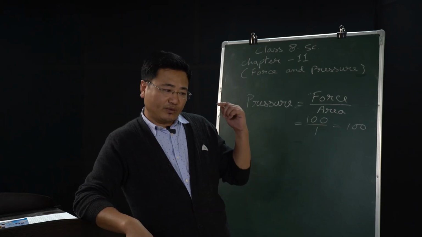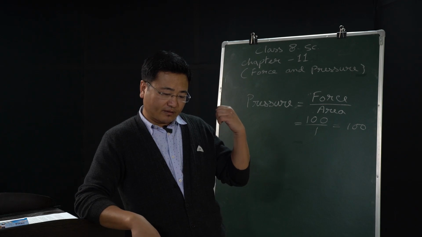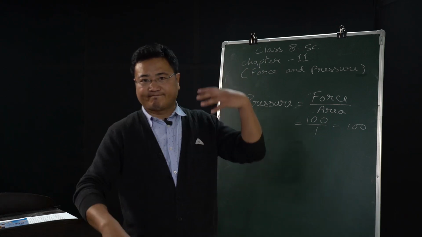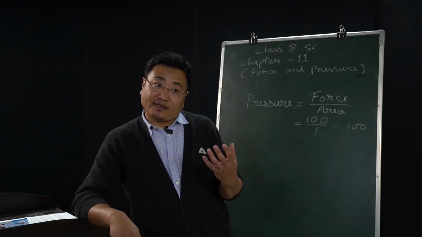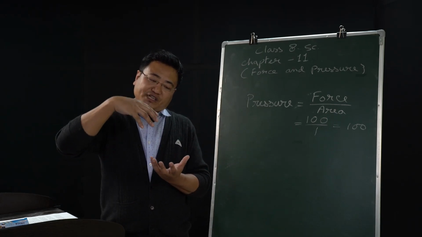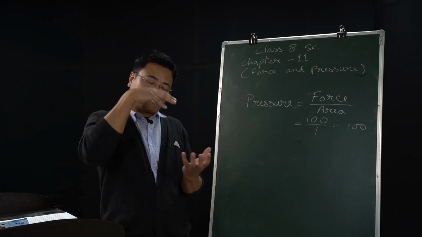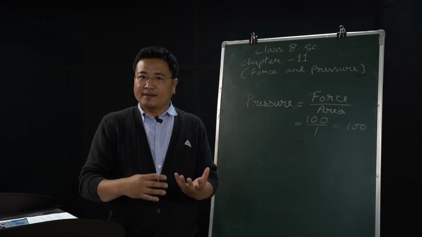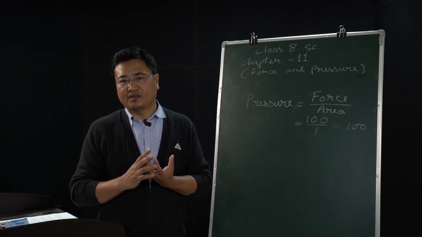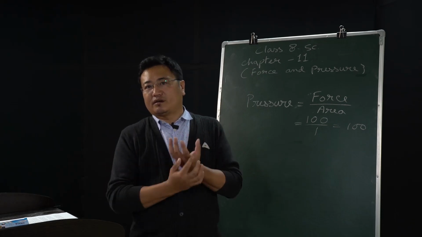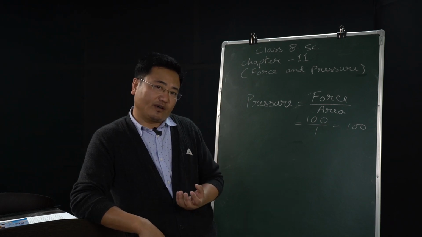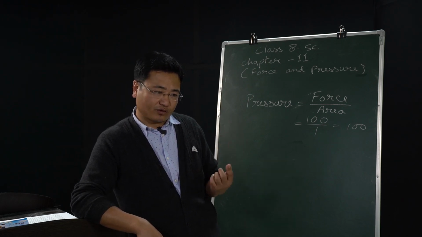Okay. Now here we can come up with 2 conclusions in this activity. One is that the liquid that we have poured into the bottle is not only exerting pressure downward, but it is also exerting pressure on the wall of the bottle. So that's why the liquid is coming out through the holes that you have made. That is one conclusion.